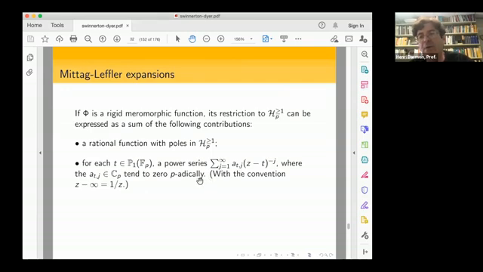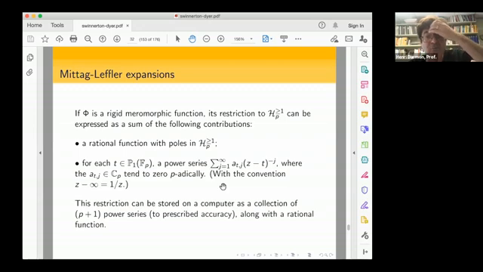So essentially, by storing in your computer a collection of p+1 power series with m Taylor coefficients, each with an accuracy of p to the minus m, you get a data structure which is sufficient to capture your rigid analytic period function. So that's the upshot of this.